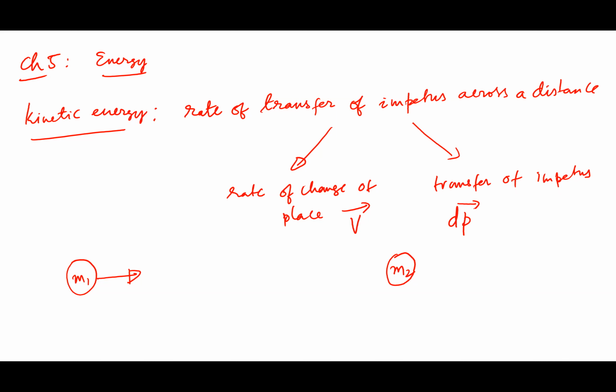So what I'm saying is, I give it a little impetus. I just give it a little force, so it gets my impetus dp. We are moving at v, so it is carrying this kinetic energy dk, which is equal to v dotted with dp. V dotted with dp.